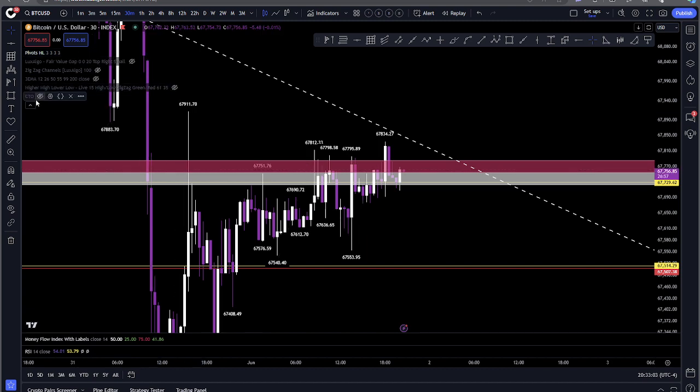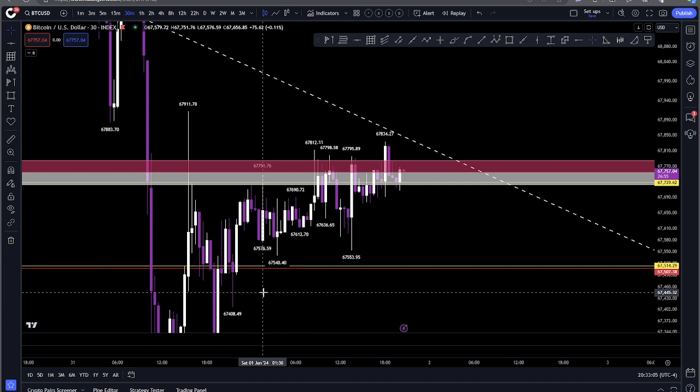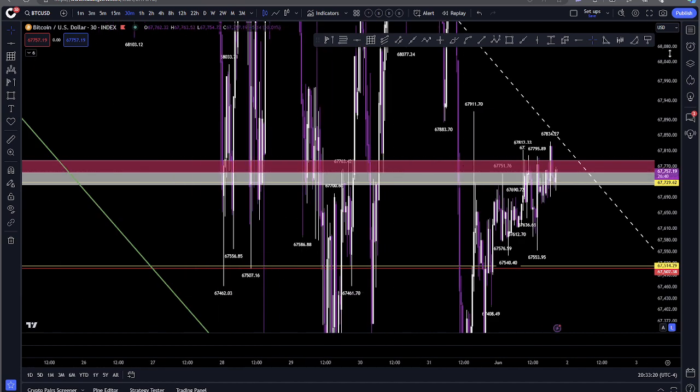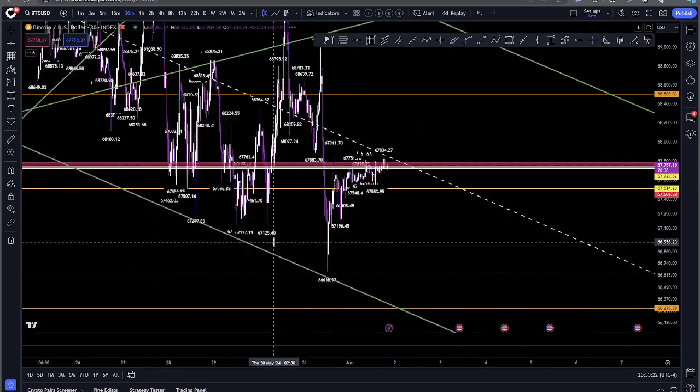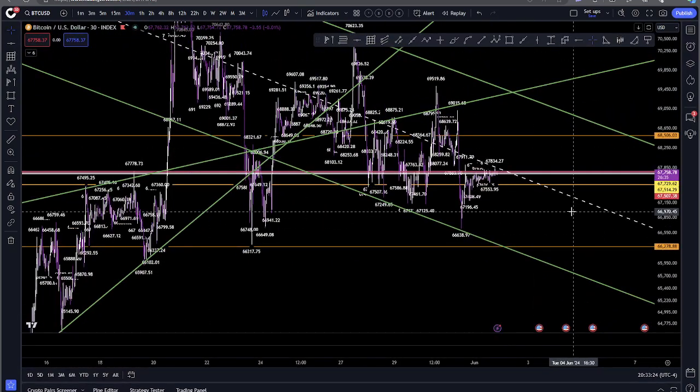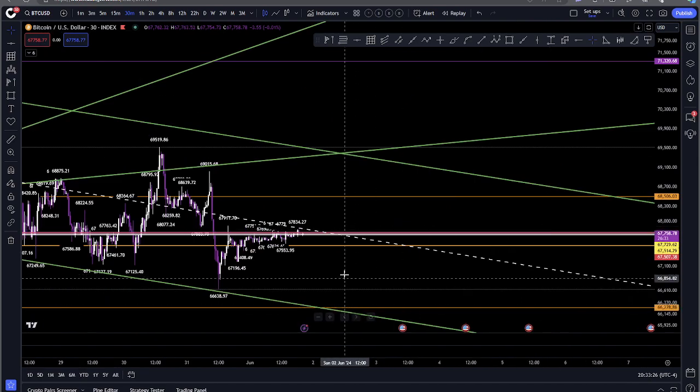So my strategy is based on three key components: trendline break, EMAs on your side, and key support or resistance being broken. Because this is my 50% trend line of my channel, I'm going to consider it.